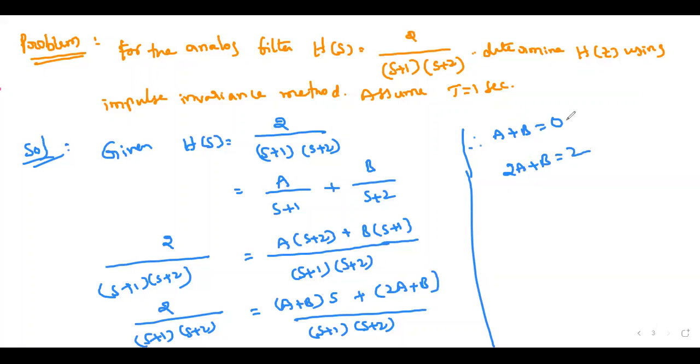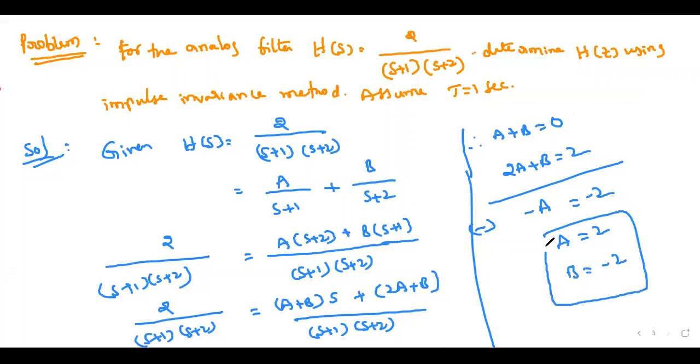If we solve these two equations, B is cancelled, I will get minus A is equal to minus 2. Therefore, A is equal to 2 and B is equal to minus 2. Did you get the same? Anyone? Yes, sir.